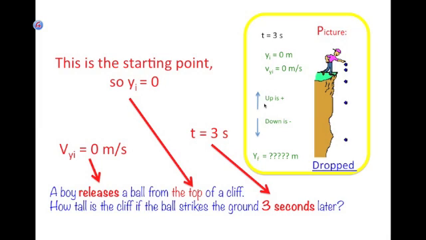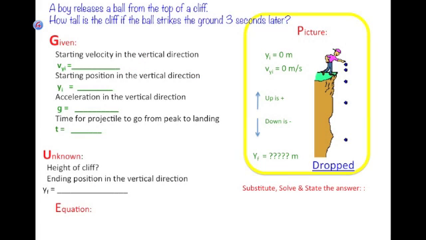You've indicated that up is positive, down is negative, and we are looking for the final position of y. Also, someplace on this picture, make sure you've indicated that the time period we're dealing with is 3 seconds. This might be what yours looks like once you have those pieces of information recorded on your picture.